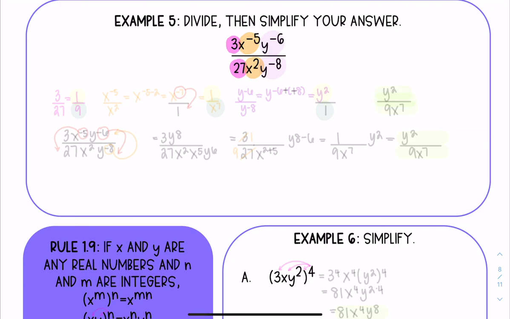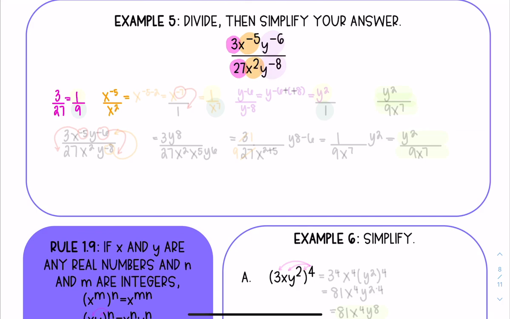So looking at 3 over 27, that's going to simplify to be 1 over 9. Then let's look at x's. We have x to the negative 5 over x squared.